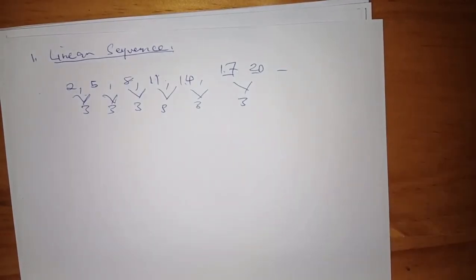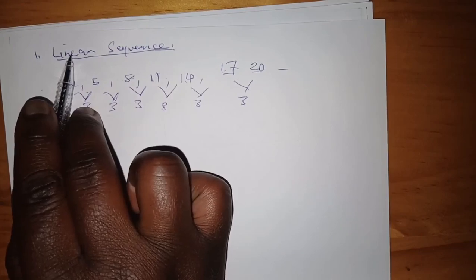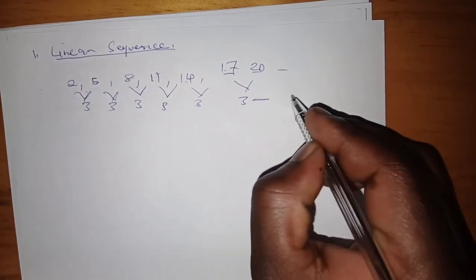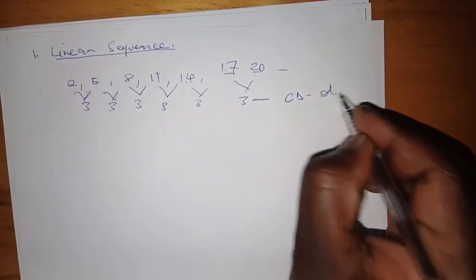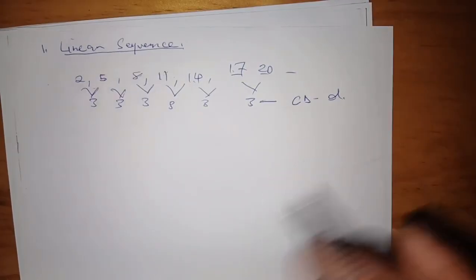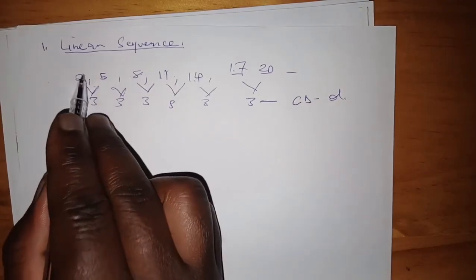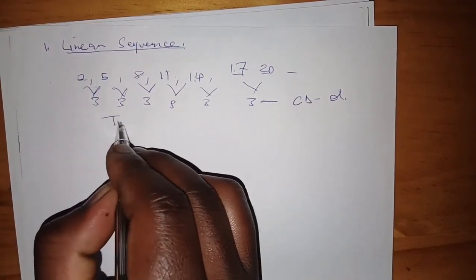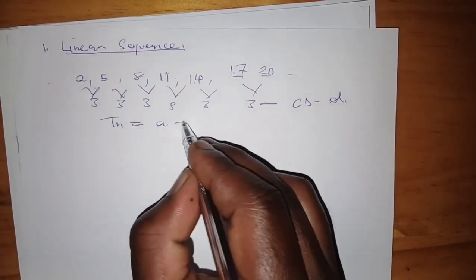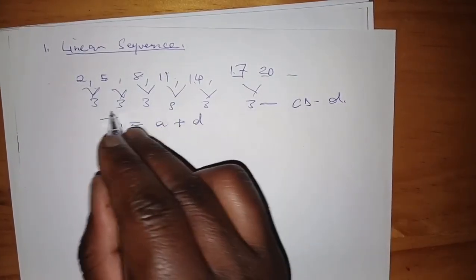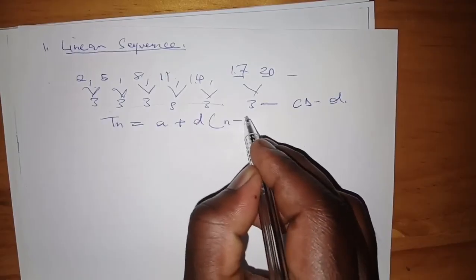So this type of sequence is called a linear sequence, where this is called the common difference, sometimes referred to as d. So the general term for this type of sequence is Tn equals a, which is the first term, plus the common difference d into n minus 1.